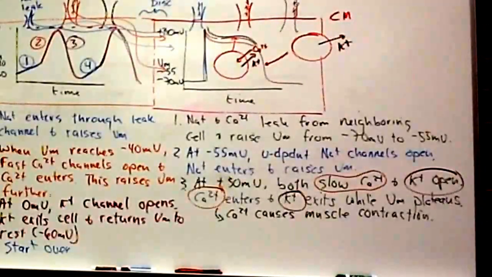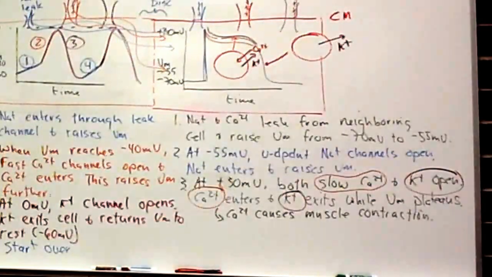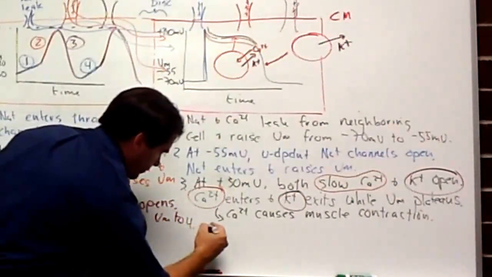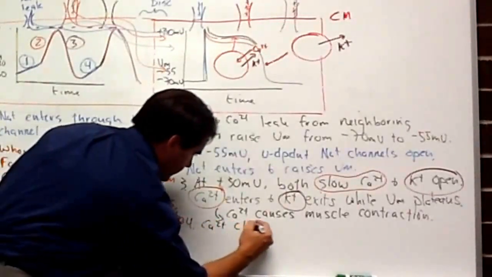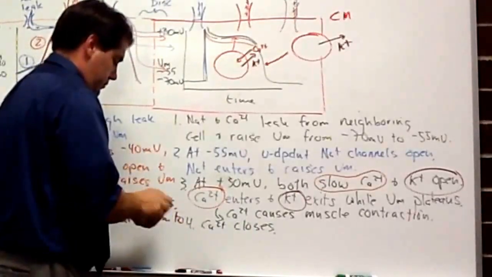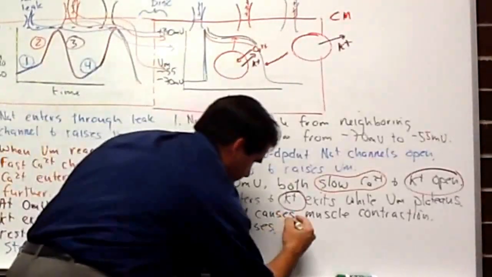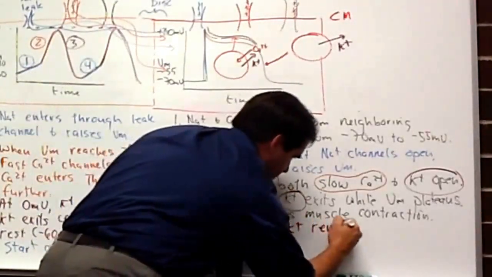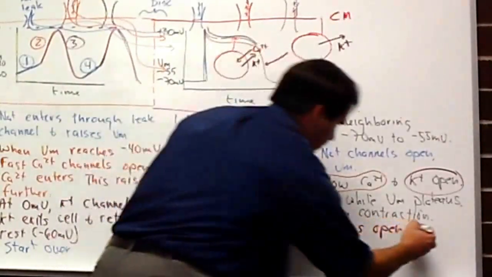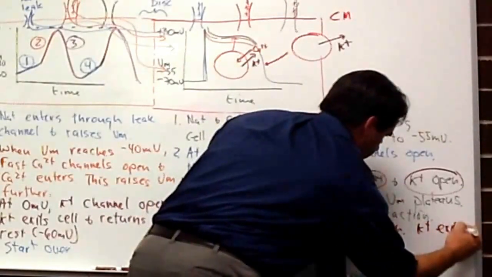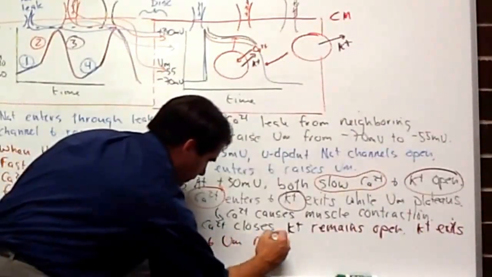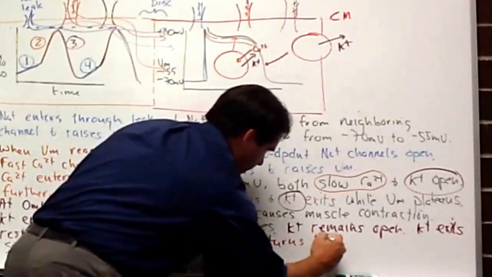Fourth step, calcium closes, potassium remains open, potassium exits, and VM returns to rest.